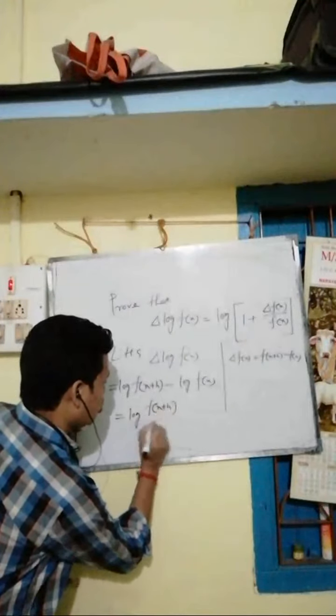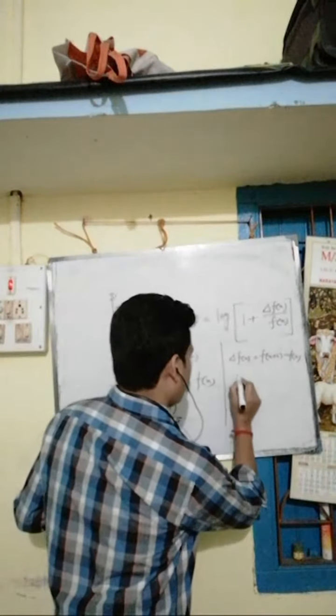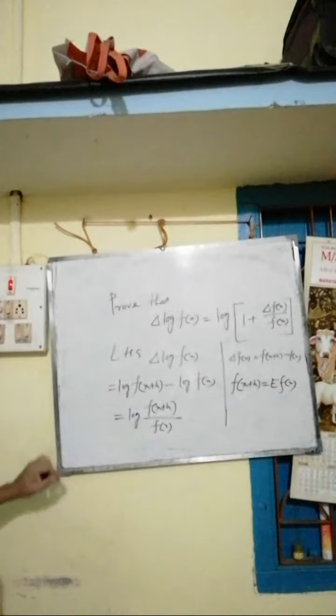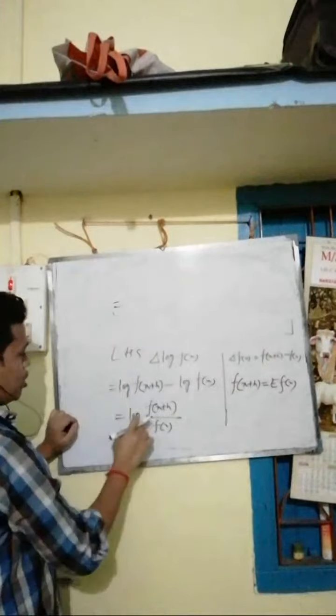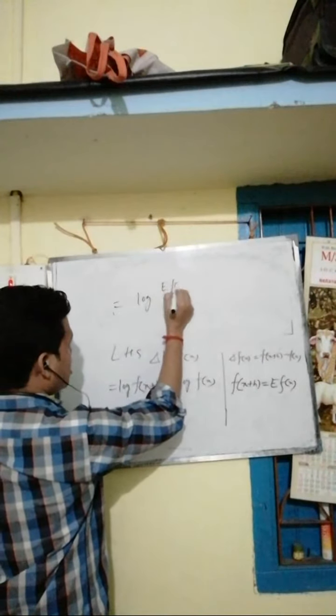Clear? Now I apply here f(x plus h), we change it to shifting operator form. That means we can write f(x plus h) equals E f(x). So we write log of E f(x) by f(x).